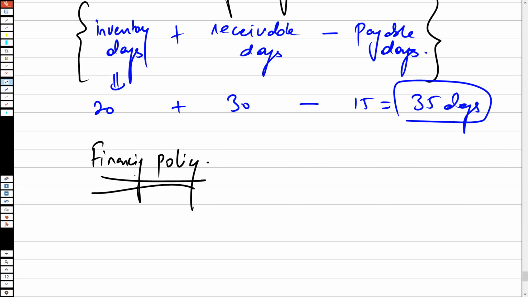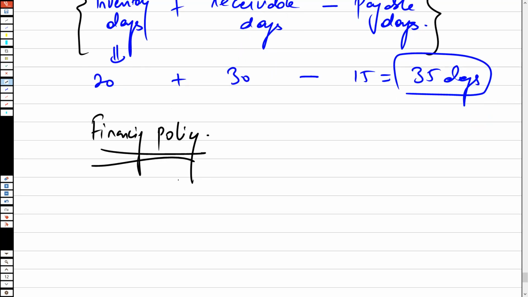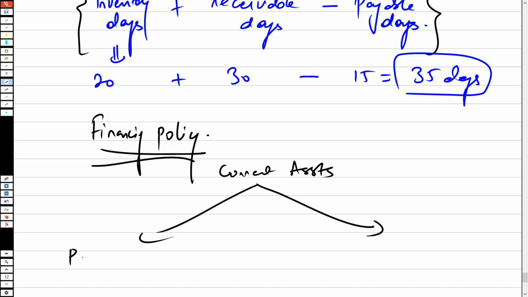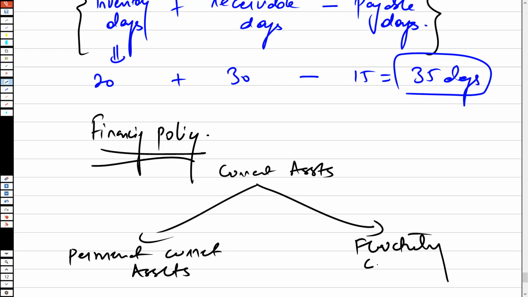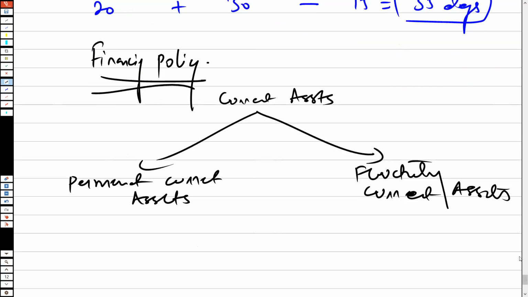Now, when we talk about the working capital financing policies or the strategies, for this, first of all, you would have to understand one thing, basically, which is called the current assets to be permanent current assets and fluctuating current assets.